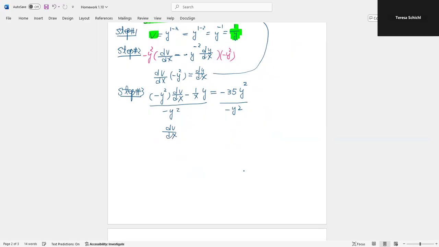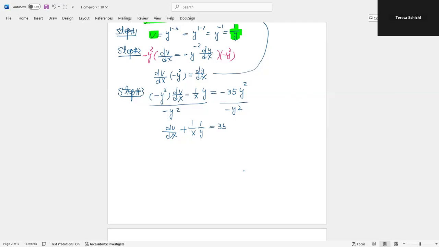Then the negative becomes positive. Then y had 1, so I have 1 over x times y here, right? And that is equal to negative positive, so 35.